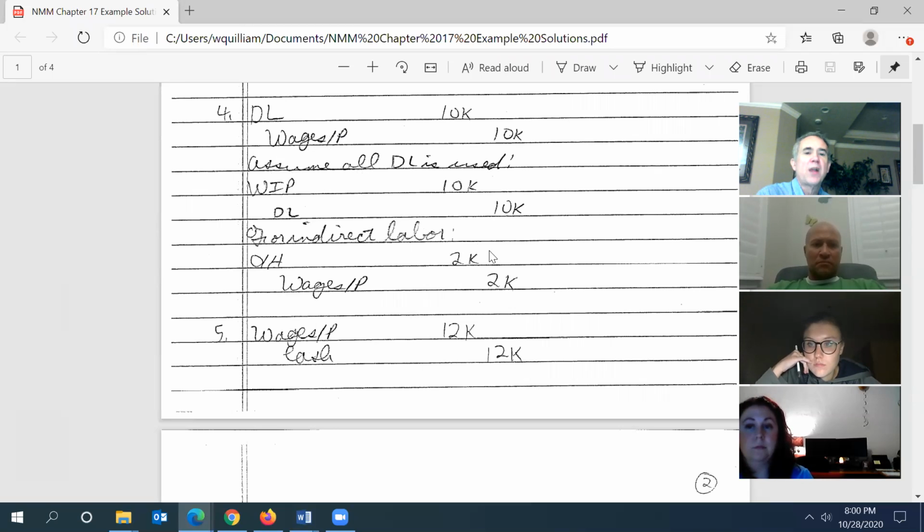Then for indirect labor, it will go into the overhead account with the debit. Credit wages payable to increase wages payable by $2,000. And again, I post those for you in the T accounts.